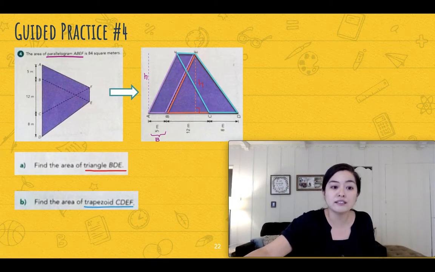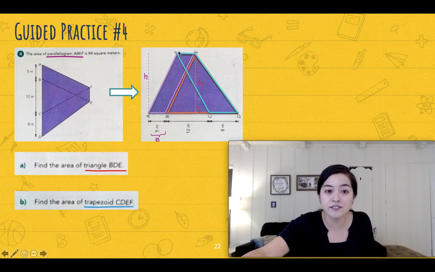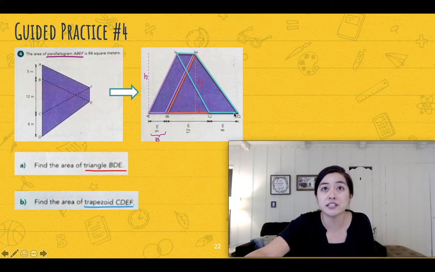Now let's look at trapezoid CDEF here. It's outlined in light blue. You might be thinking, wait a minute, Mrs. Jones, that's a parallelogram. It's not a trapezoid. But if we look carefully, I only see one set of parallel lines here.